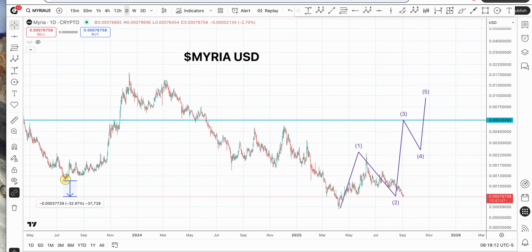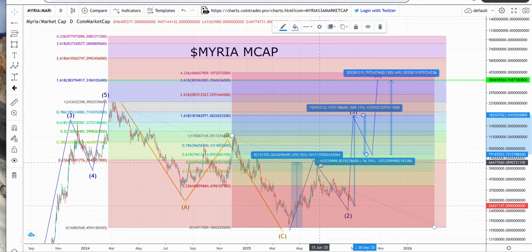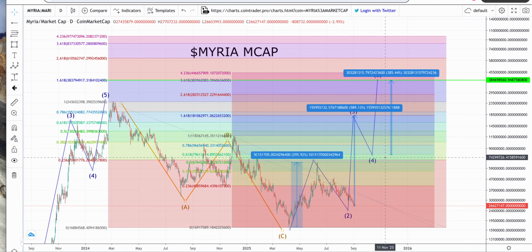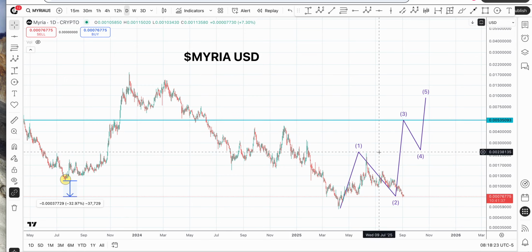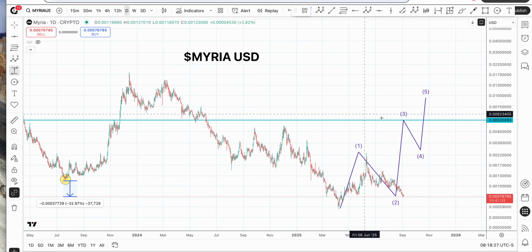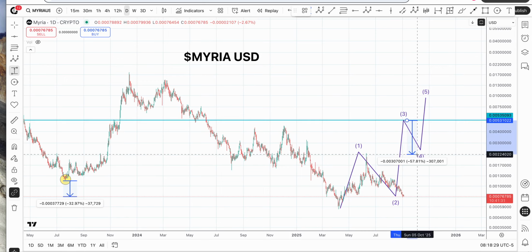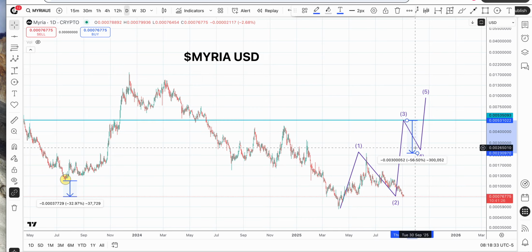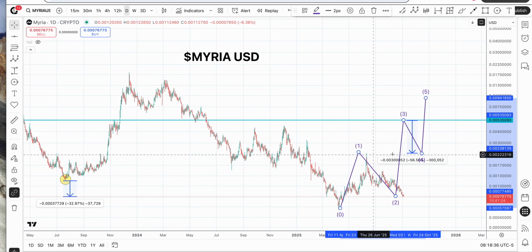Right? So over on the market cap chart, we were talking about trying to get down to wave 1, but that's still short. But when I pull it over to the price chart, you can see that that was a pretty clean test of that level. 56.5 right there. Takes you right on top of that first wave.